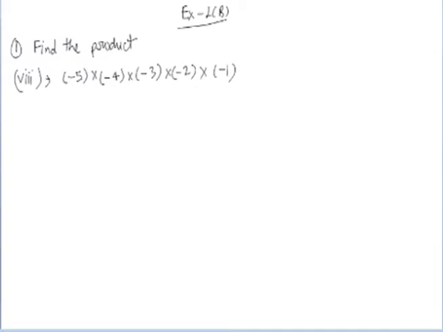If I multiply 5 into 4, it will be 20, into, if I multiply 3 into 2, it will be 6, and minus 1 is minus 1. Multiply this: 120, minus 120. This will be the solution.